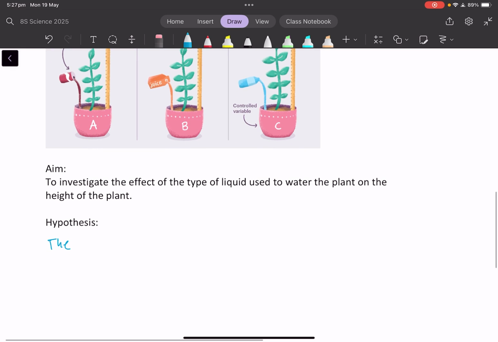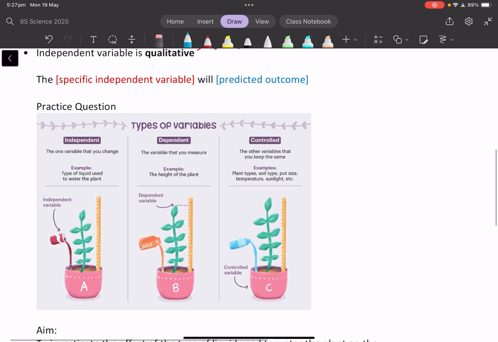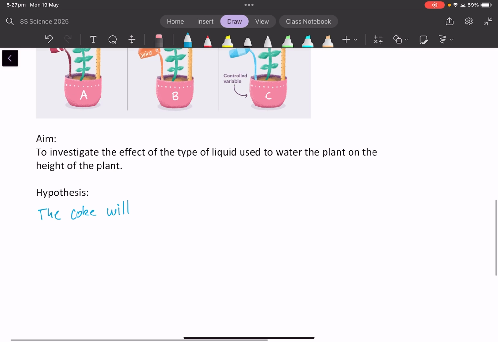So the Coke will, and then what's my predicted outcome? Well, will make the plant grow the tallest. And often it can be helpful in this type of question to actually do the opposite.